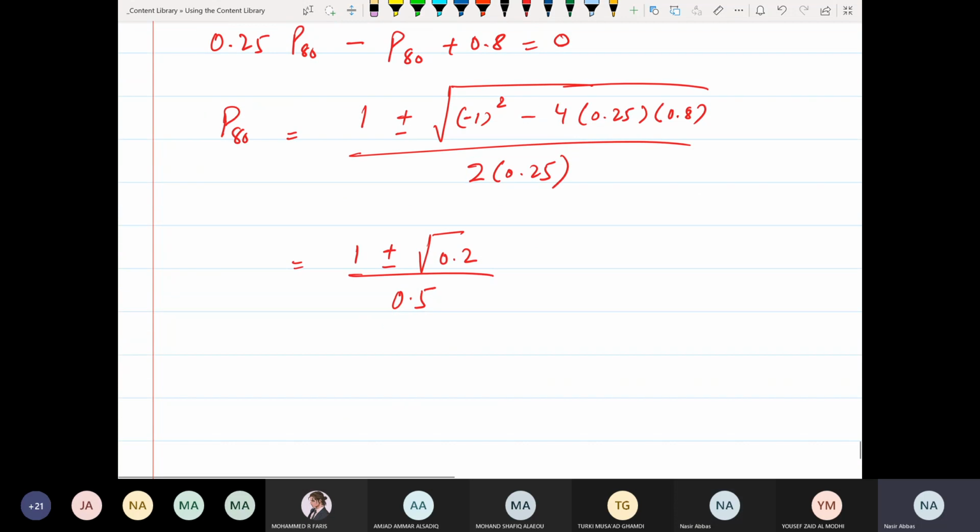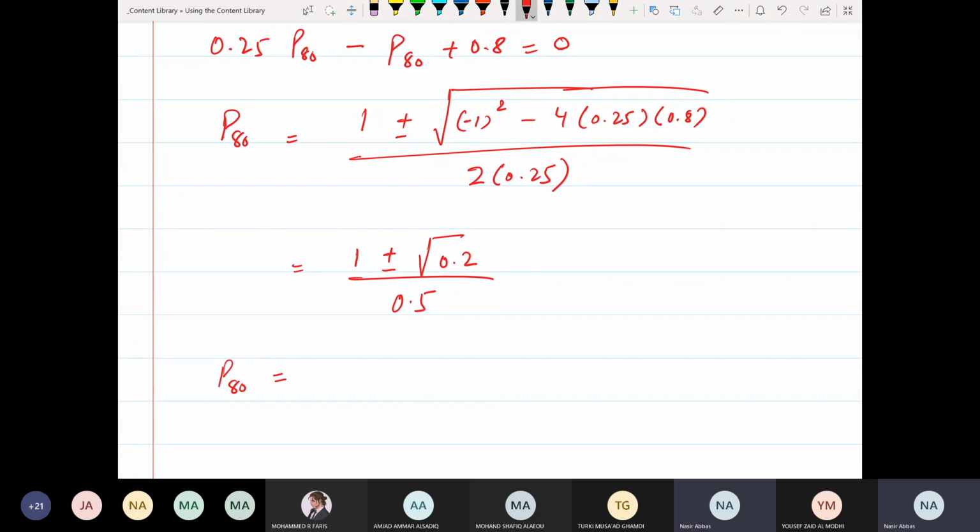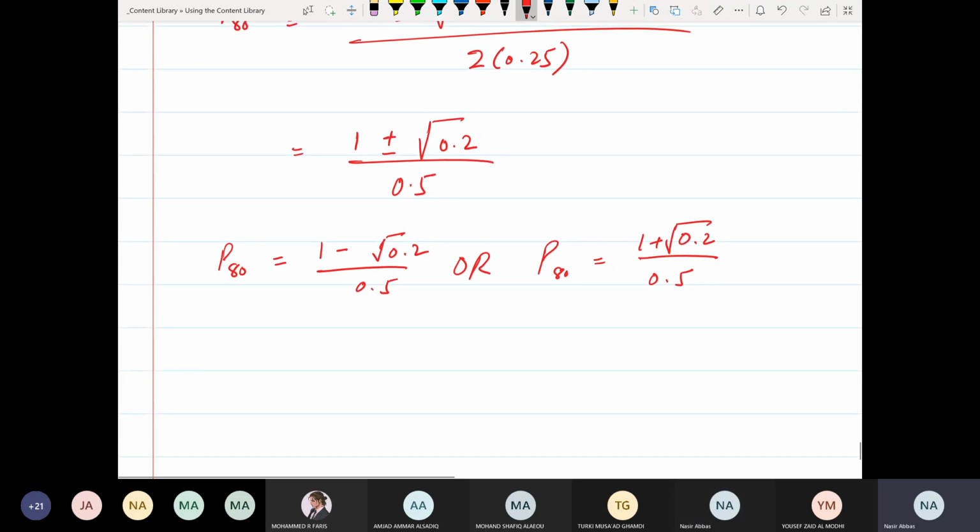So P80 is equal to either 1 minus square root of 0.2 over 0.5, or 1 plus square root of 0.2 over 0.5. The first is 1.1056, and the second comes to be 2.8944.